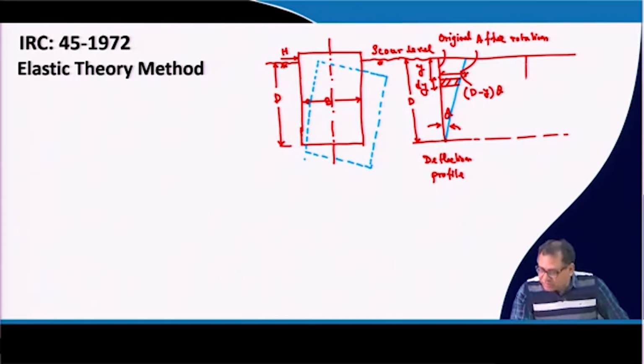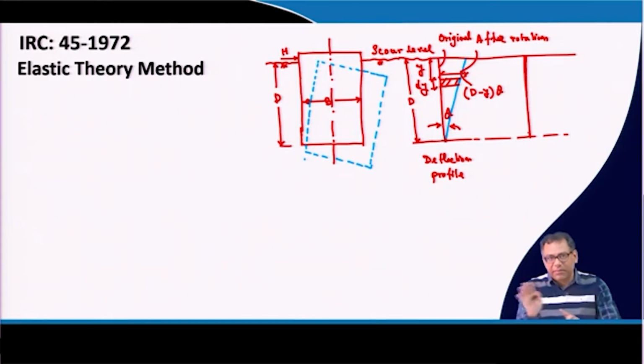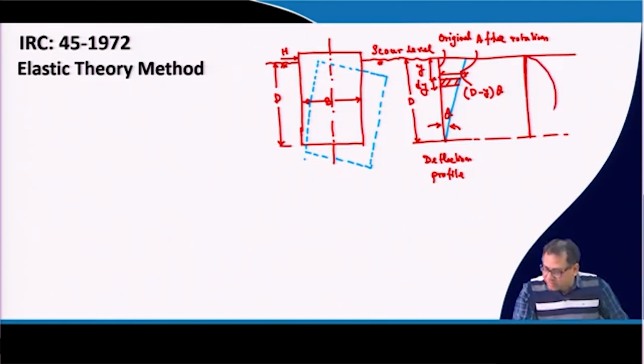And the pressure distribution diagram: because of this rotation there will be a pressure distribution, and that pressure distribution is assumed to be like this. So, at that level the stress or the pressure is sigma x.